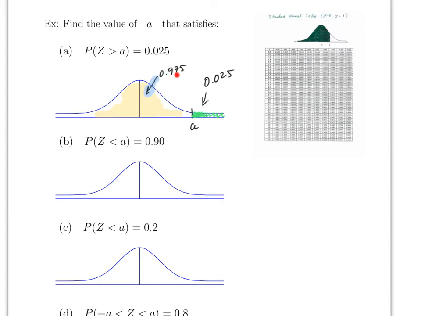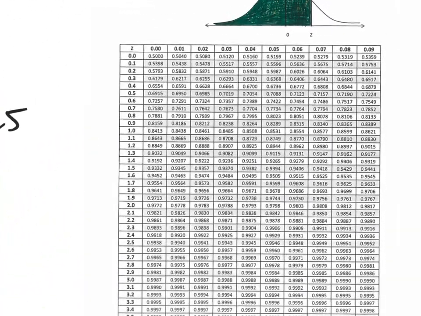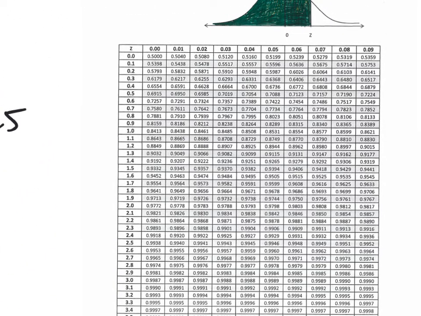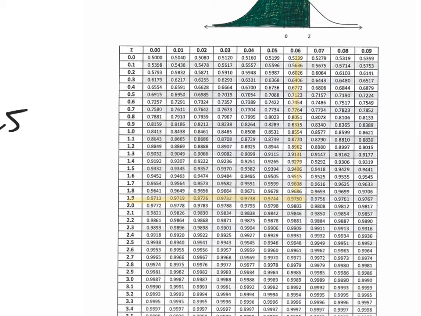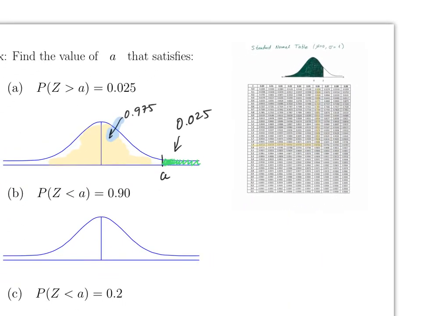In this particular case, the number is here. So we're trying to find 0.975. And here it is. So 0.975 is here. This came from number 1.96.